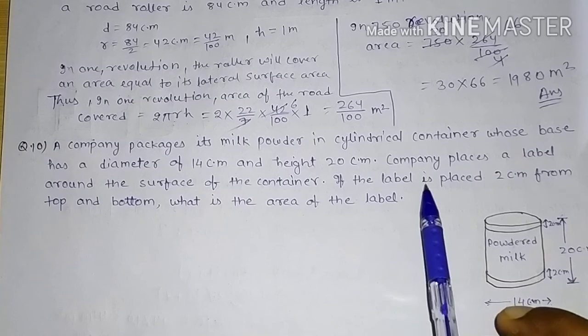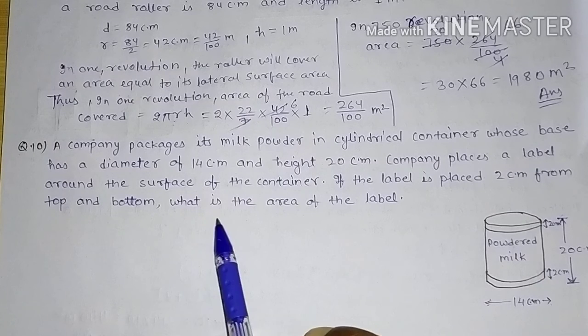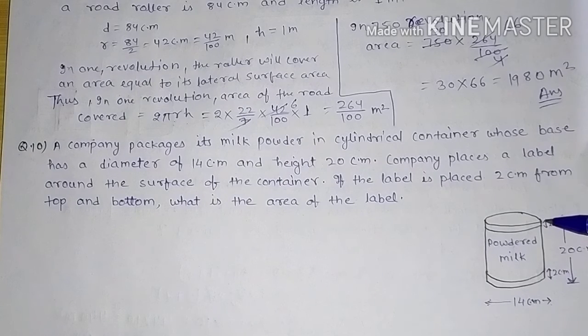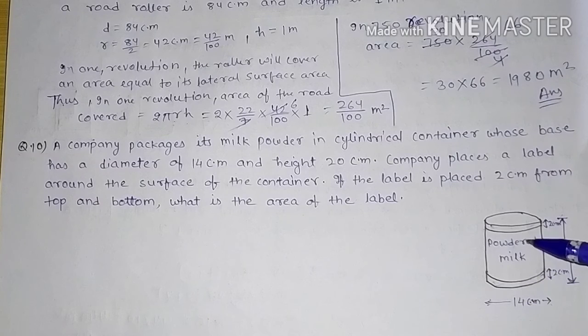If the label is placed 2 centimeter from the top and bottom, what is the area of the label? So 2 centimeter at the top and 2 centimeter at the bottom, these areas are left, both 2 centimeter areas are left. So in the middle the label is placed.